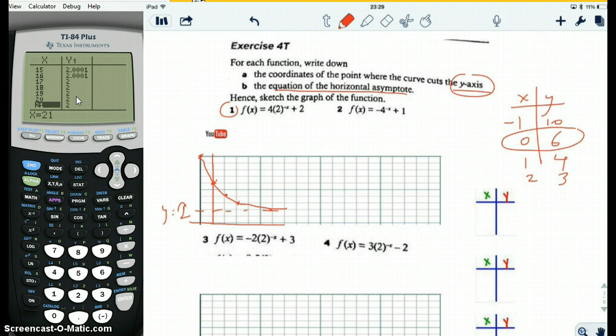And remember, when you write the equation of a horizontal line, you write the y variable equals 2, or whatever the height of the line is. Okay, so we got the horizontal asymptote, we got the y-intercept, and we have the sketch.